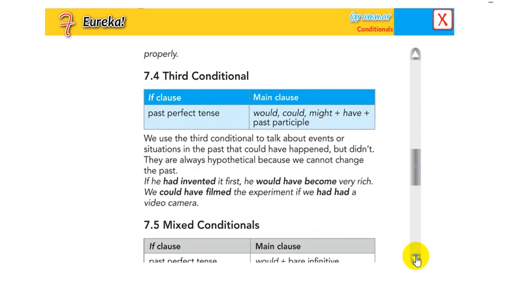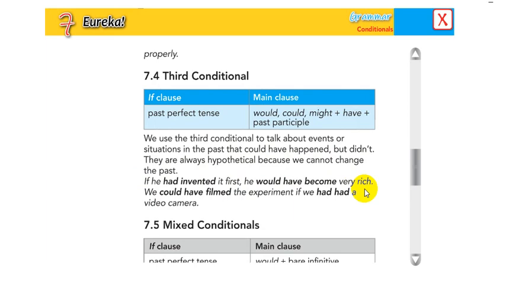So when do we use the third conditional? We use the third conditional to talk about events or situations in the past that could have happened but didn't. They are always hypothetical because we can't change the past. For example, if he had invented it first, he would have become very rich, which means he didn't invent it first and he didn't become very rich.